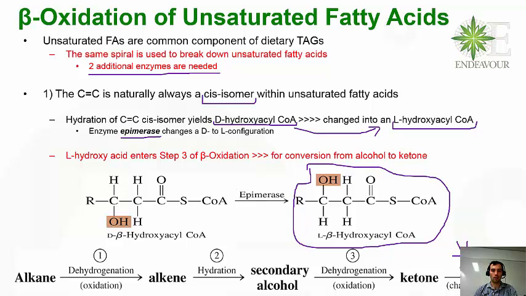So basically, by doing these two reactions within the unsaturated fatty acid, we're actually able to enter step number 3. So this compound will be used at the start of step 3. So we'll undergo a dehydrogenation reaction to convert this into a ketone. So we can connect to the other steps that we were having a look at when we were using the saturated fatty acids.